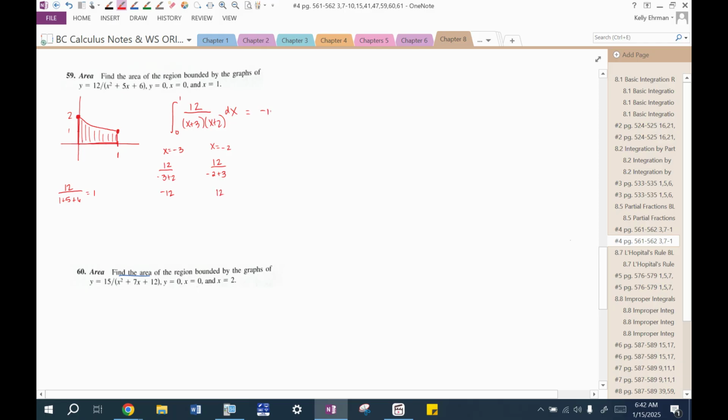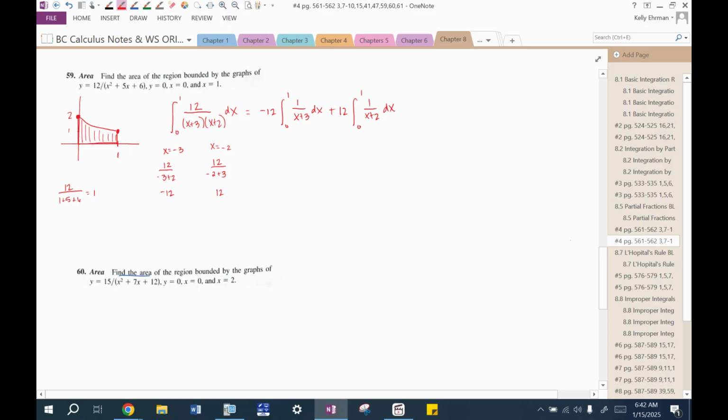So there's a negative 12 in front of the integral from 0 to 1 of 1 over x plus 3 dx. And then there's a positive 12 times the integral from 0 to 1 of 1 over x plus 2 dx.